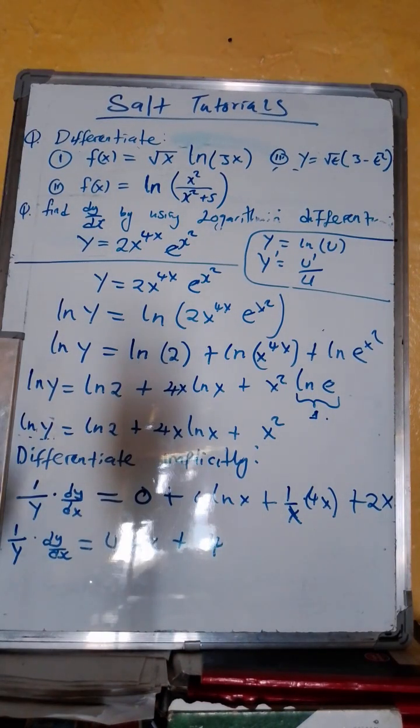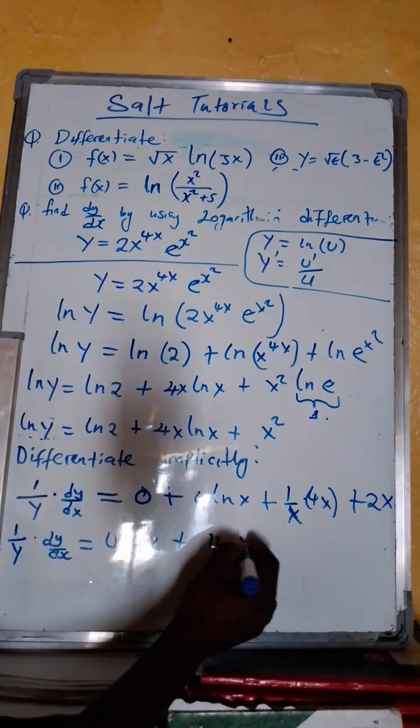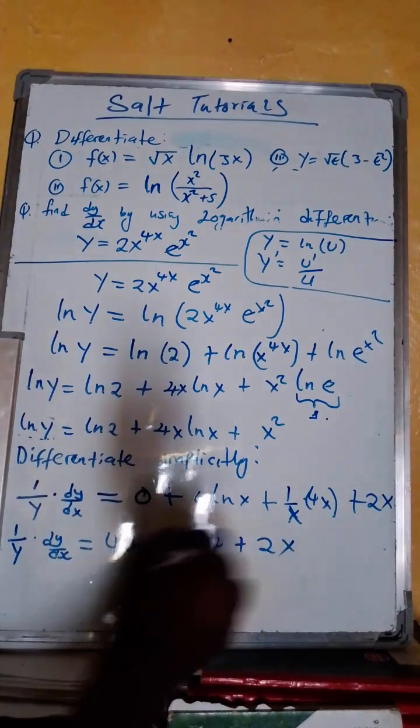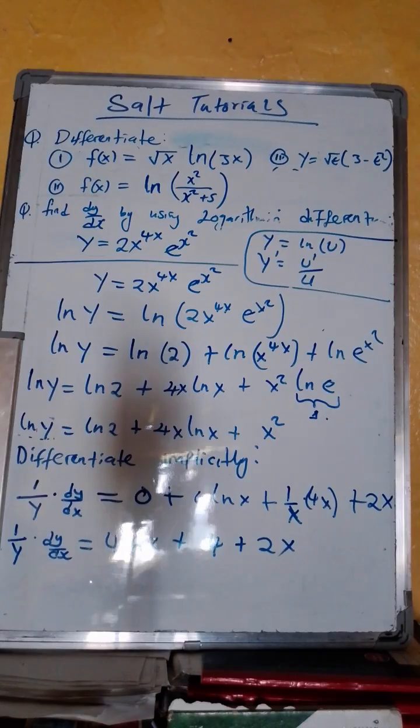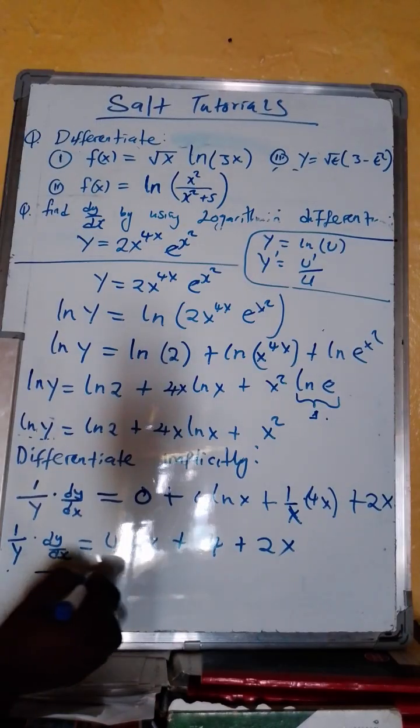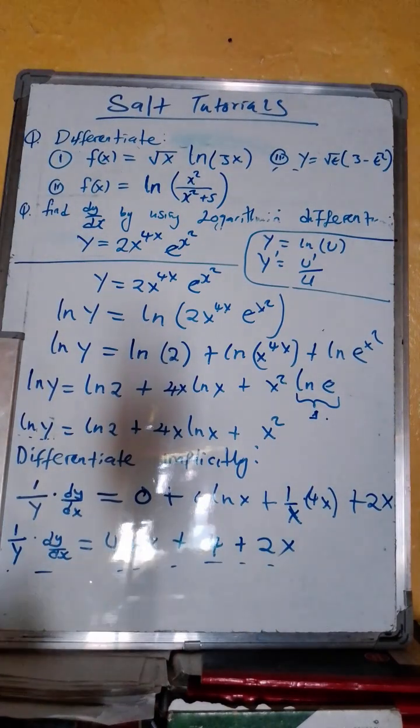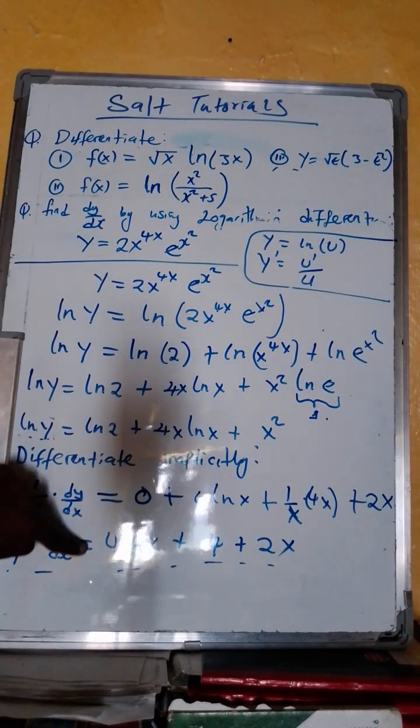Yep, plus 2x. We are okay. Now this is the function we are going to have. Now the question is we want to find dy dx. So here we have to eliminate the 1 over y on this side so that you can just remain with dy dx on the left hand side.